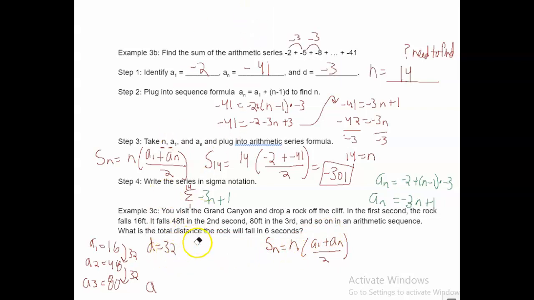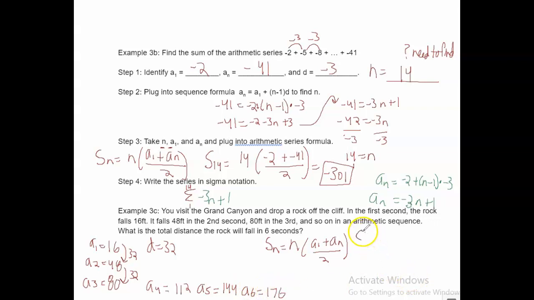So with that, our A4 equals 112, our A5 equals 144, and our A6 equals 176.